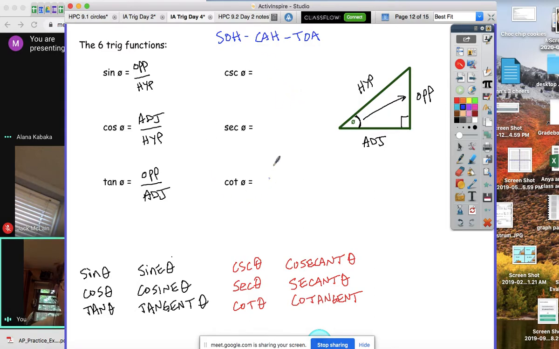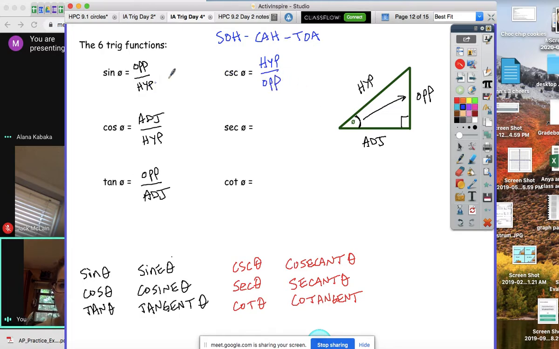Okay, so these guys are the new ones, cosecant, secant, and cotangent. These are reciprocals of these guys. So reciprocal, if you remember, that means you flip the fraction. So cosecant and sine are reciprocals of one another. So if I had opposite over hypotenuse, I just flip it and I do hypotenuse over opposite.